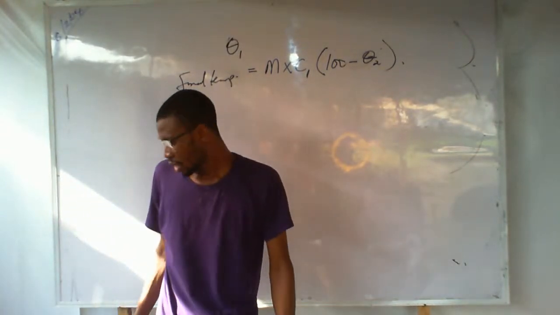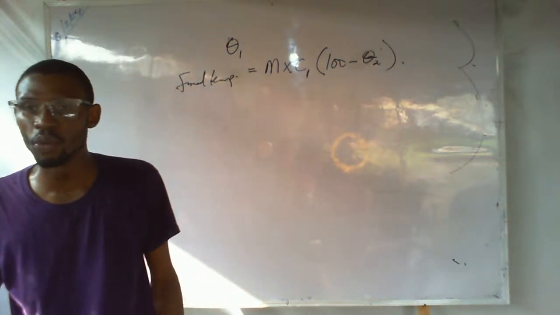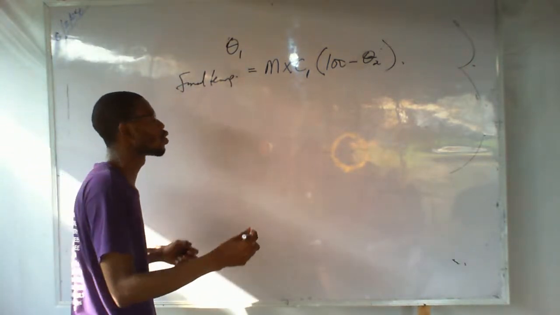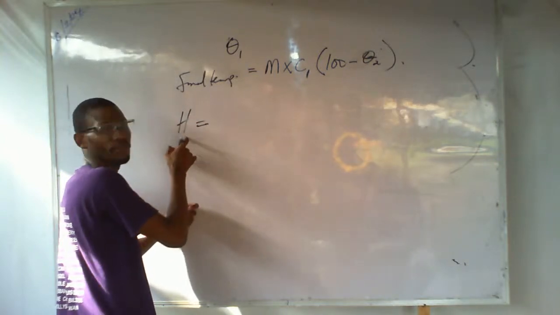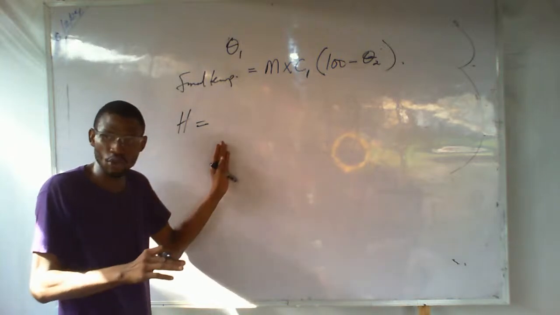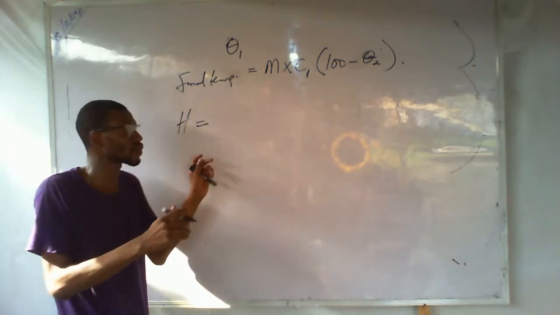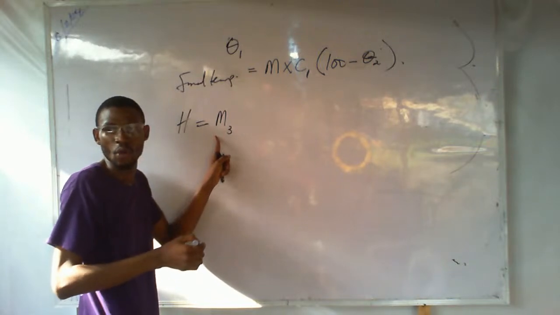Now let's look at the total amount of heat that is gained by the water. Look at the board, everybody. Heat gained by what? By the water. From here, you people should be able to understand what I'm talking about. Now, what is M3?